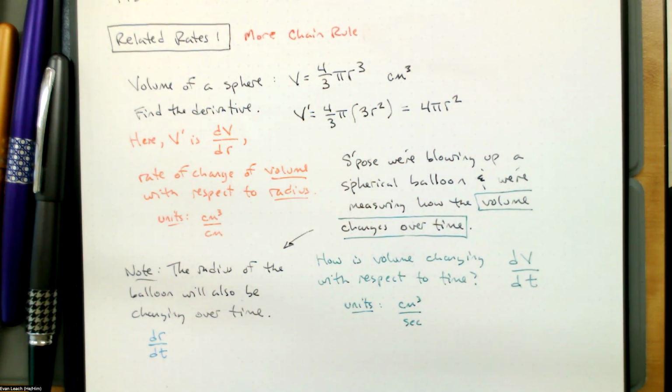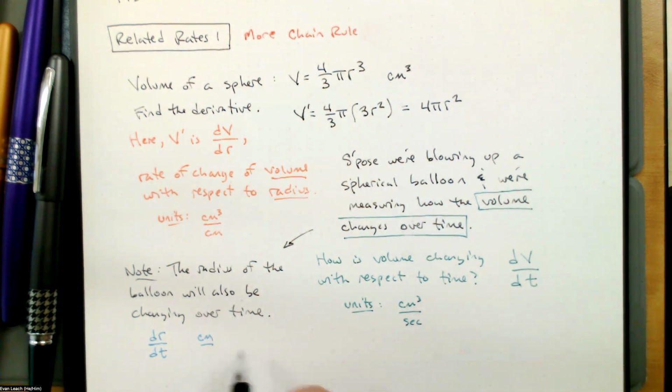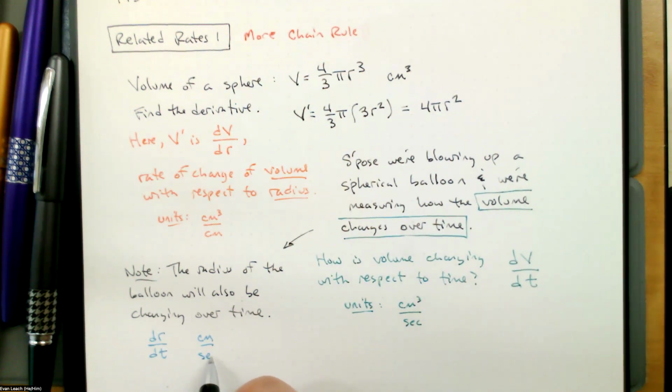So we're going to have this other derivative, dr/dt. The units of r will be centimeters, and the units of time are still going to be seconds, because we should match those up.